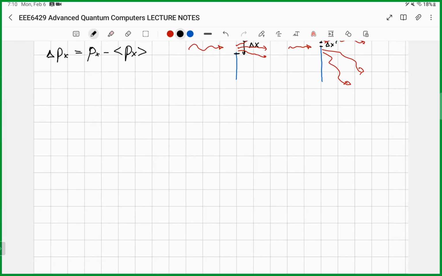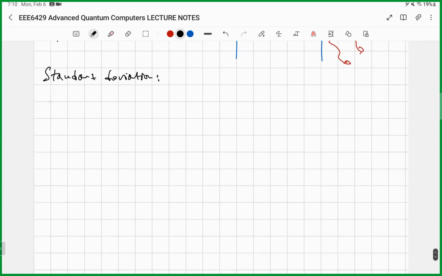So let's consider the so-called standard deviation. The standard deviation for an operator A is a quantity like this: sigma, basically the dispersion to the power of 2. Sometimes we denote this by delta A squared.